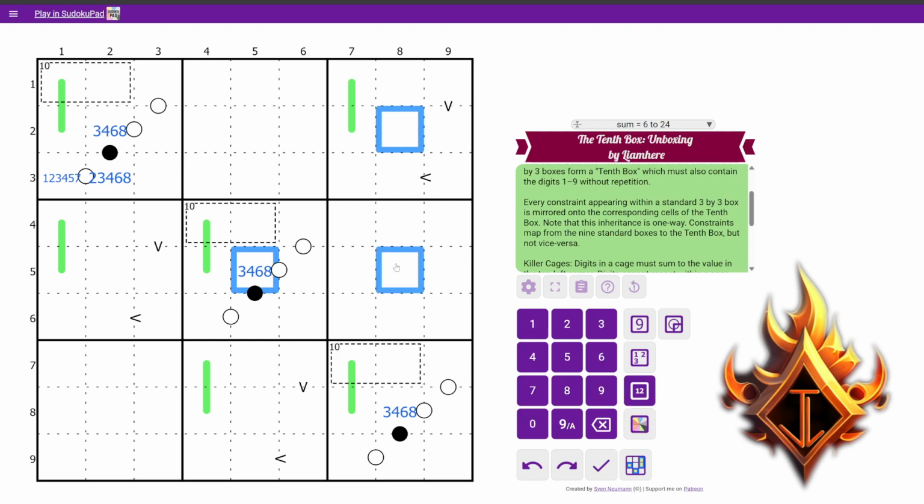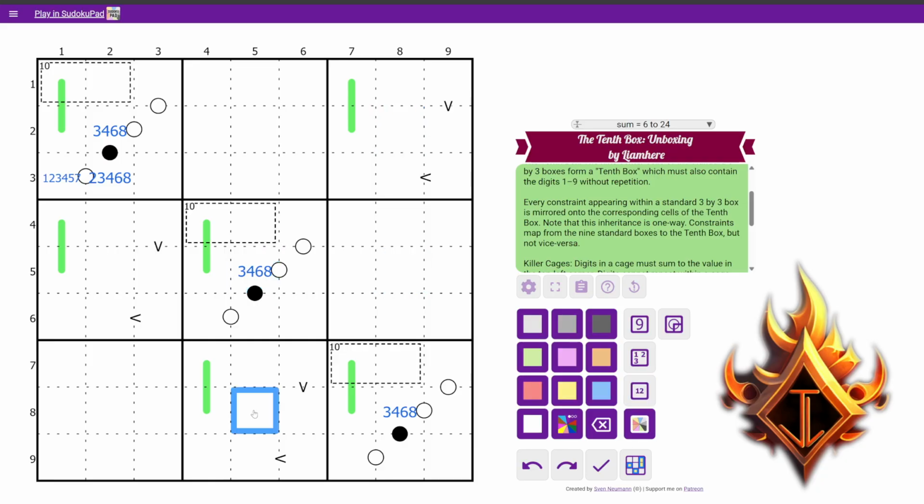There's one odd, one even there. One odd, one even there. These are in a... Not that one. Oh yeah, it is that one. This will be 2, 3, 4, 6, 8.